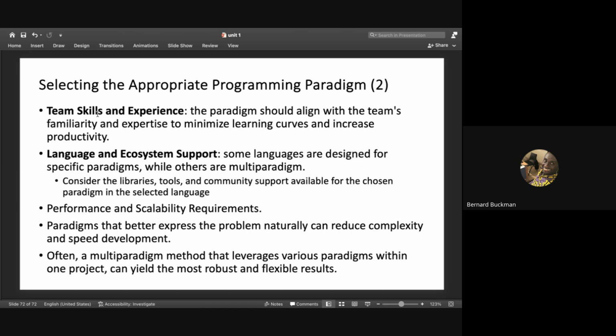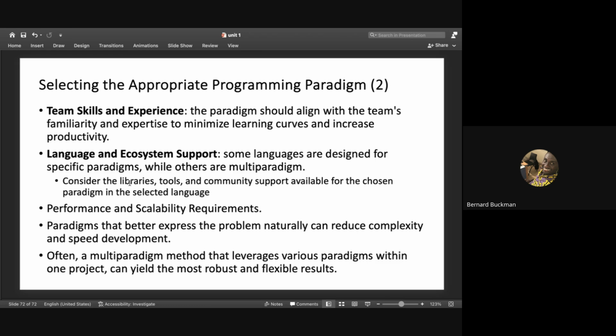Sometimes, based on your team members' skills, you decide to use a particular programming paradigm. If you employ me and I can only write in OOP, but you want someone to write in declarative, I can't do declarative. So you go and employ someone who can. Sometimes it also depends on the kind of support, meaning the kind of community you can have in that language.